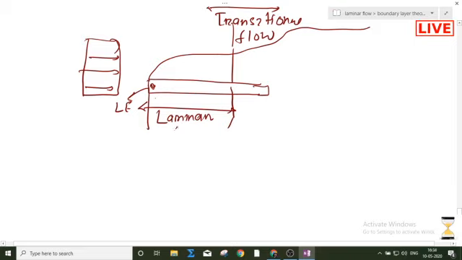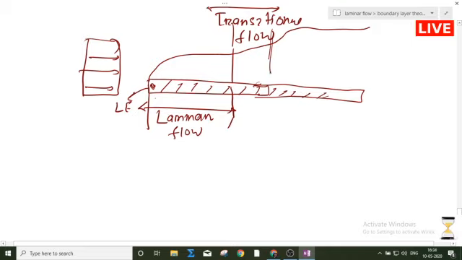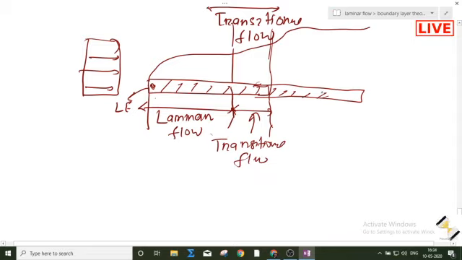This is my solid plate, and this zone is called transitional flow, and after the transitional flow, the flow becomes turbulent flow.